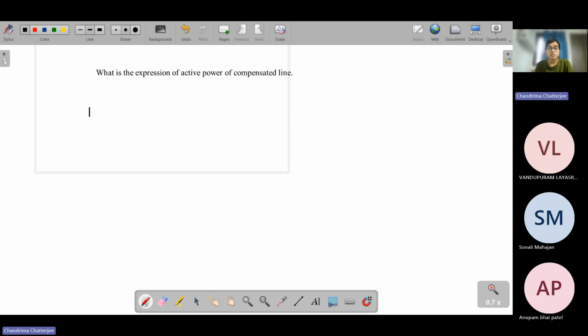Yeah, so the expression of the compensated active power is this.